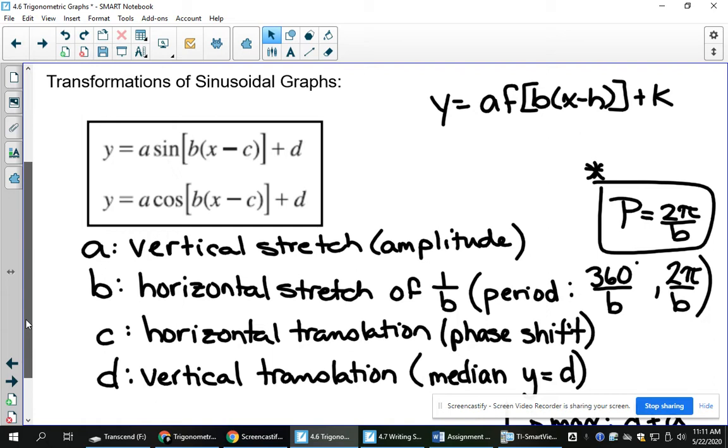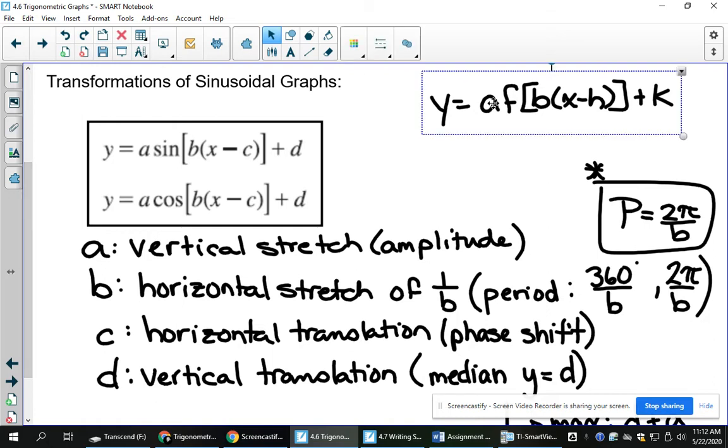This is a snippet from your formula sheet. This is combining transformations that we did in Unit 1 with specifically sinusoidal graphs. It's all the same transformations, but it's done within a sine or a cosine graph. So up here, I'm showing you what we've already learned with all of our transformations.